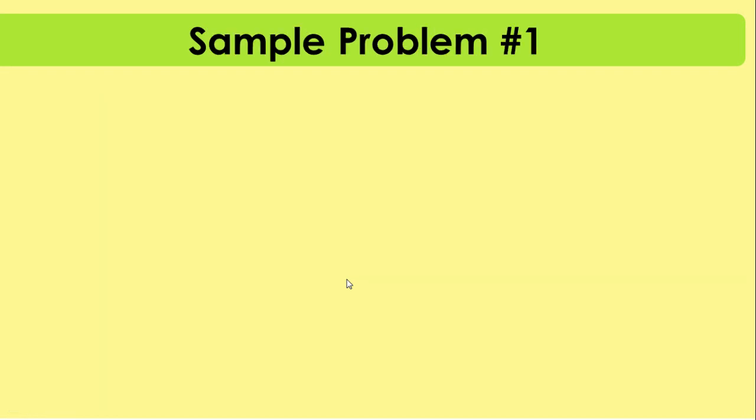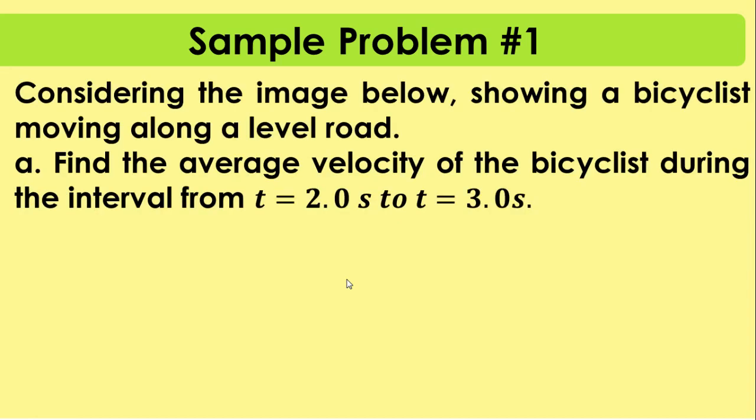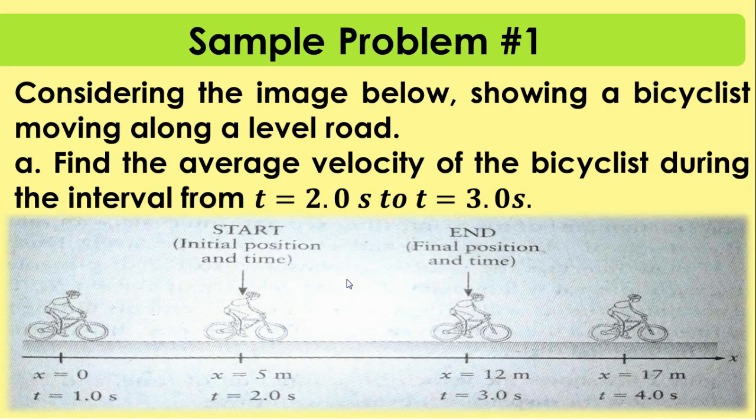So let's try to have a sample problem number 1. Right, so considering the image below showing a bicyclist moving along a level road, find the average velocity of the bicyclist during the time interval from time 2 seconds and time 3 seconds.